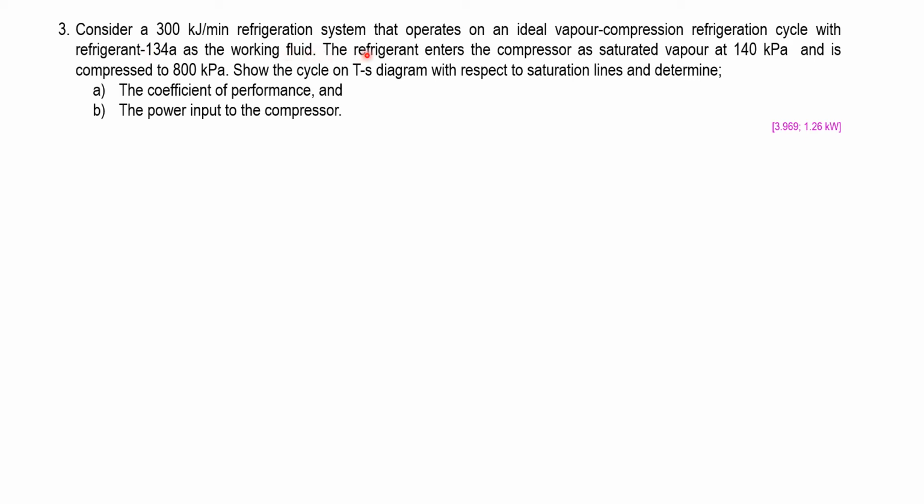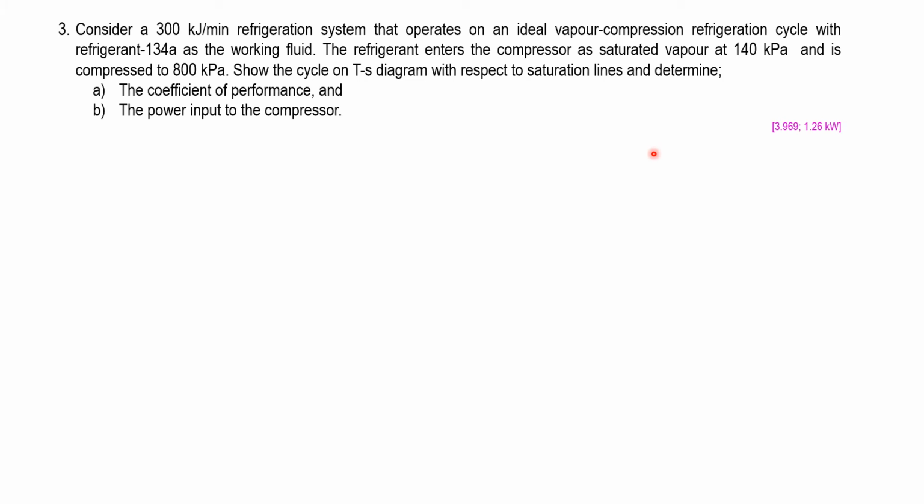The refrigerant enters the compressor as saturated vapor and is compressed to 800 kilopascal. You are asked to show the cycle on TS diagram with respect to saturation lines and determine these two parameters, COP and power input to the compressor. Now these are the answers given.